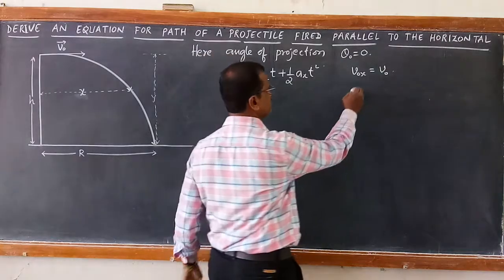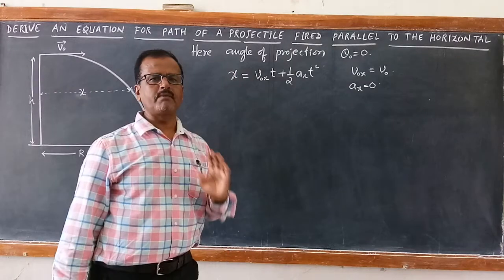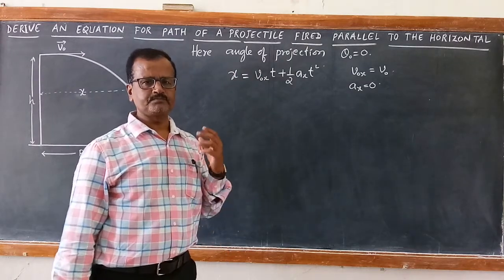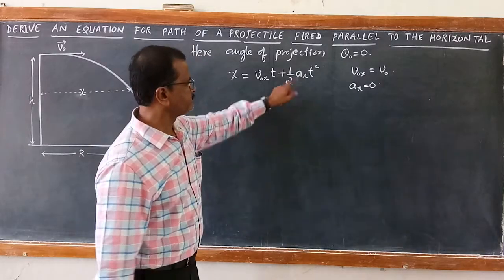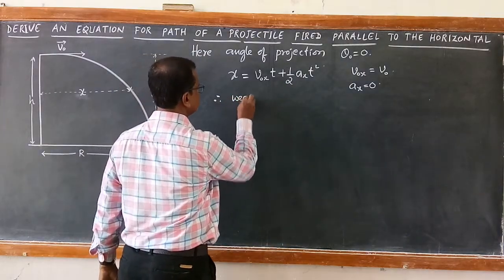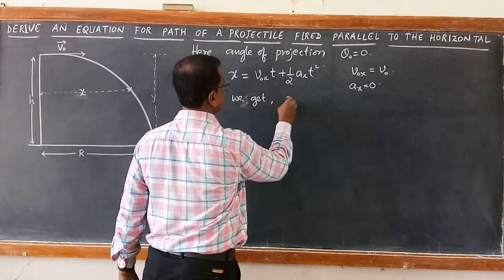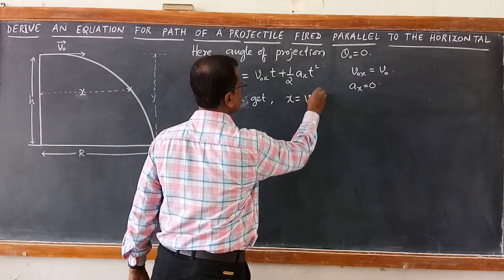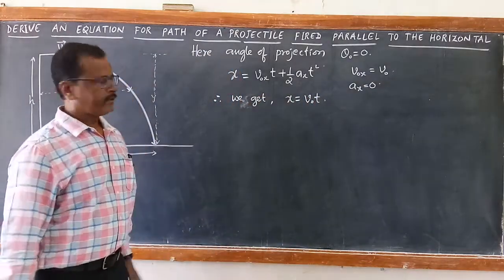One of the important things about the projectile is that the x component of acceleration is 0. So the second term becomes 0. Therefore, we get x is equal to v naught into t.